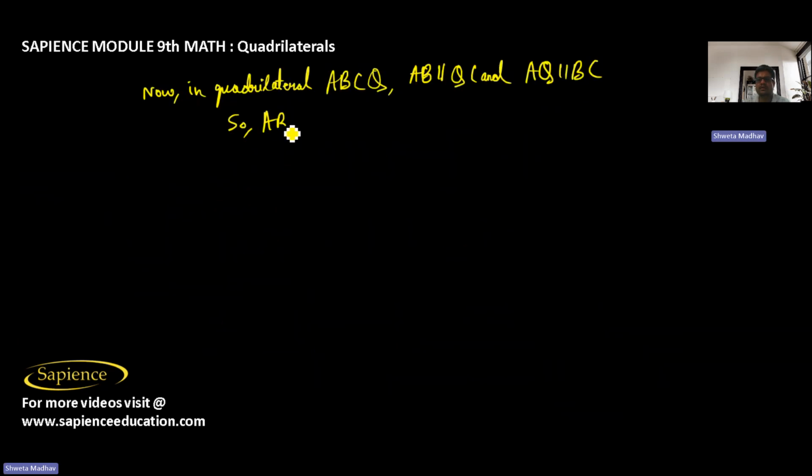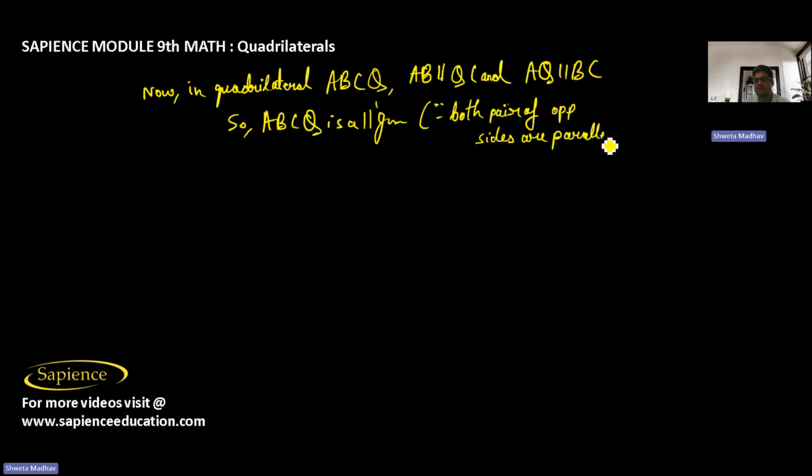So I can say that ABCQ is a parallelogram, since both pairs of opposite sides are parallel to each other.